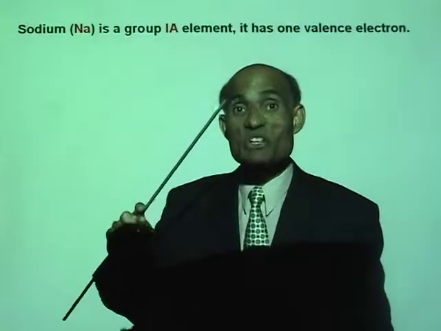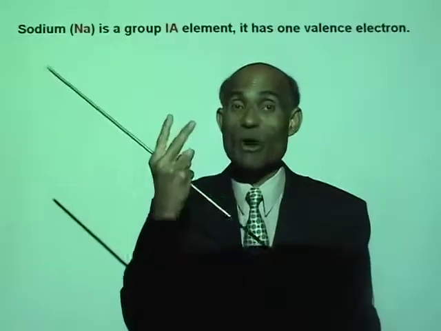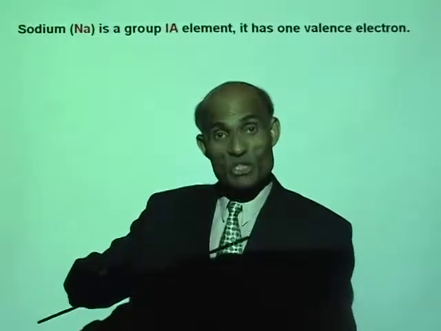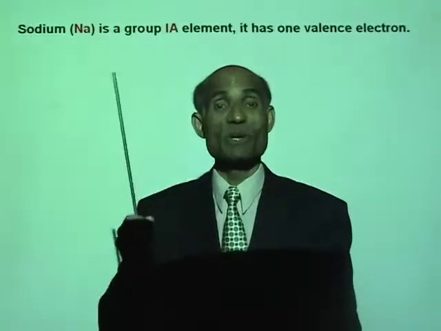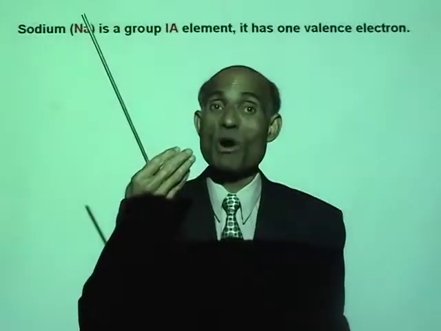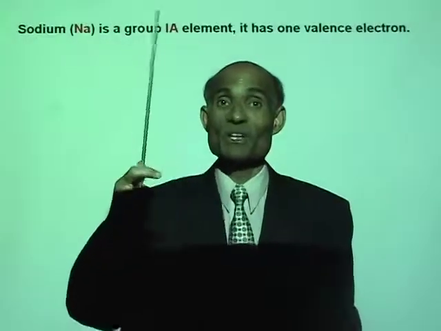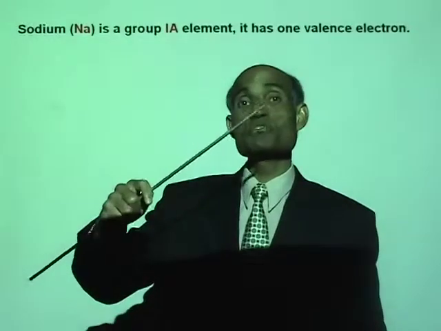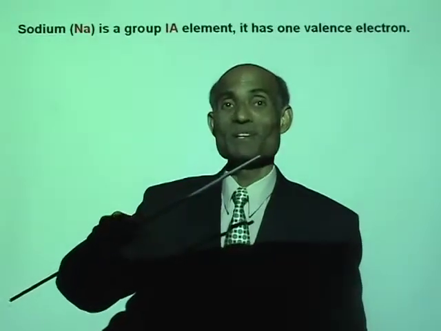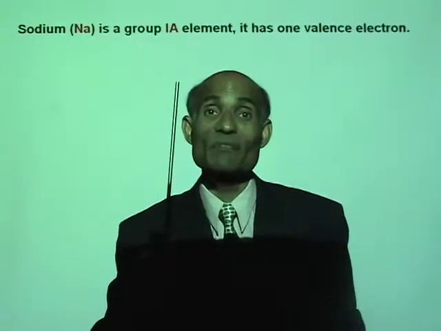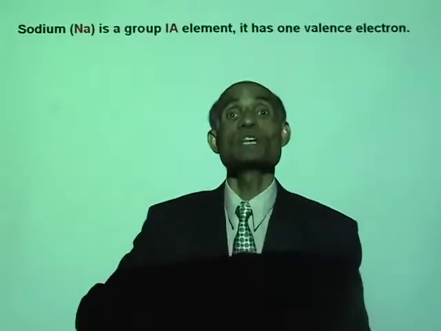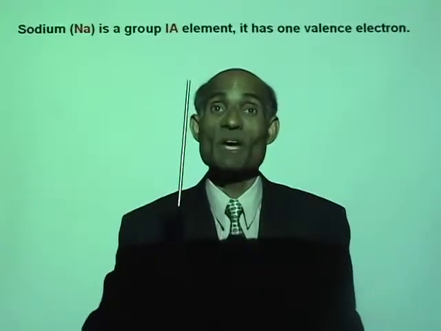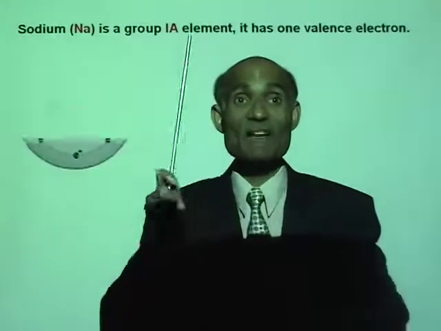Now remember, the inner shell, n equal to 1, can only hold 2 electrons. The next shell, n equal to 2, can hold a maximum of 8 electrons. So we have now allocated 8 plus 2, 10 electrons, and there is 1 electron left which goes into the third shell. That means for sodium there is just 1 valence electron.